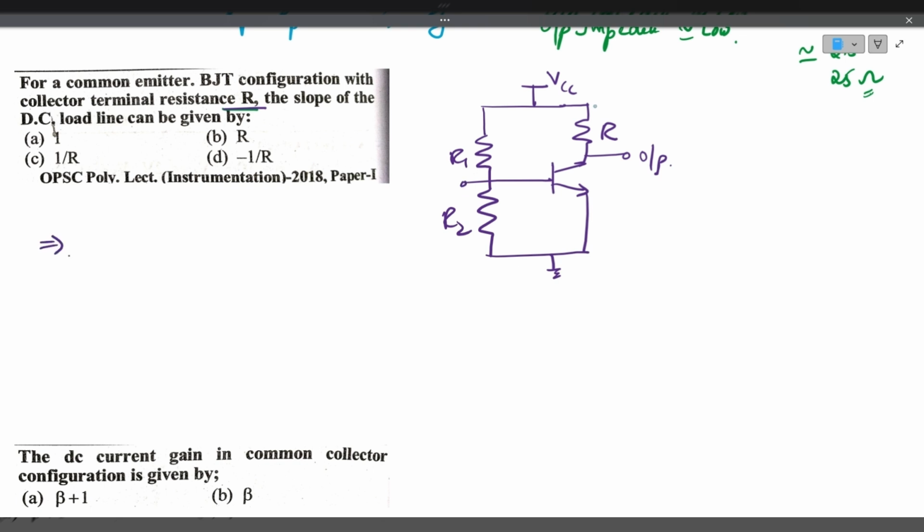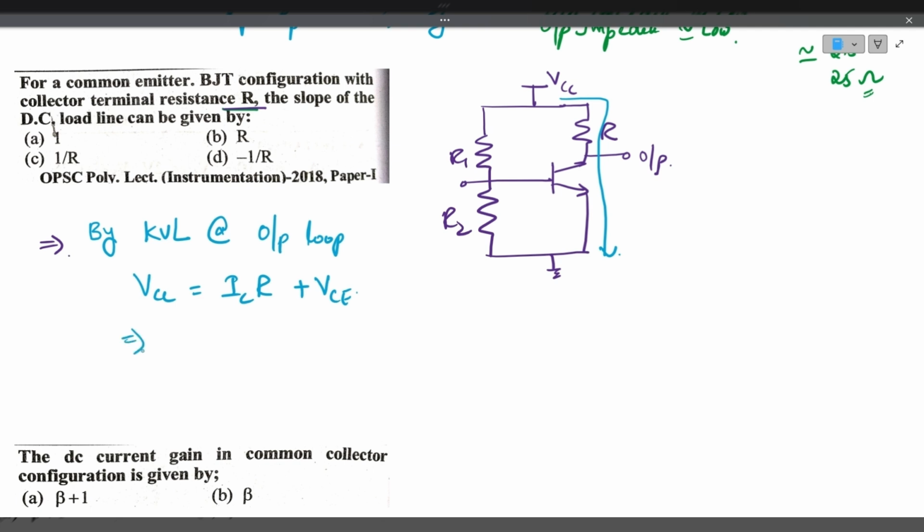By applying Kirchhoff voltage law in the output loop, we will get VCC is equal to IC RC, that is collector current and collector resistance, the collector resistance being denoted with R, plus VCE.